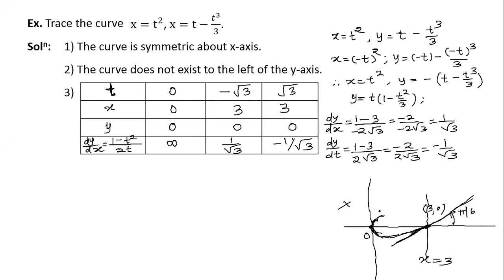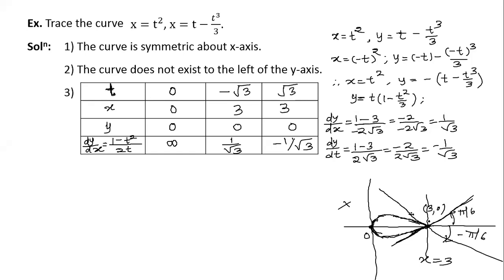That means tan theta equal to minus 1 upon root 3. That means theta equal to minus 30 degree. So the line which is having an angle of inclination minus 30 degree and passing through the point 3 comma 0 is another tangent to the curve at that point, and it must be like this. So this way it will be coming.